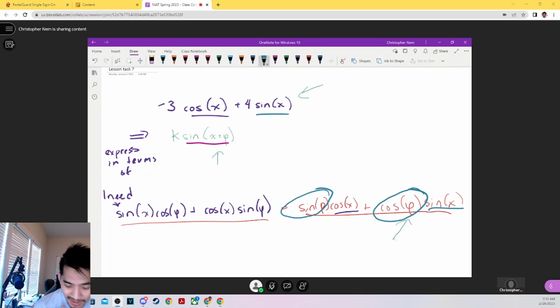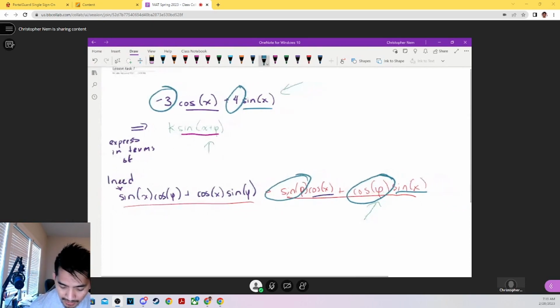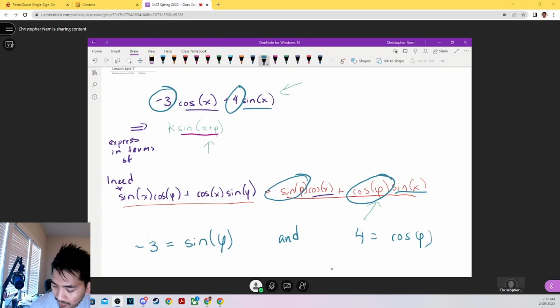But that's the location of where -3 and 4 should be. So, to invoke the sum of sines, what we're going to do is set these coefficients equal to those terms. We're going to set -3 equal to sine of phi and 4 equal to cosine of phi. Boom. We need to do that.